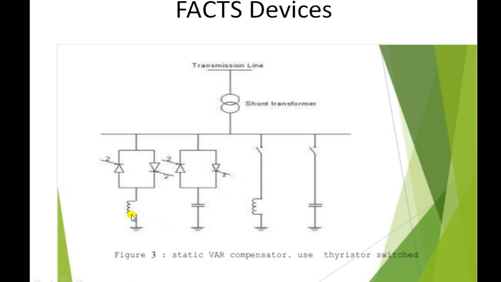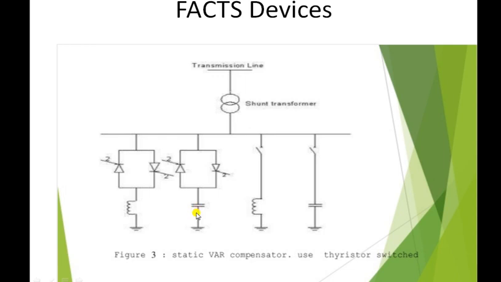Now here you can see two types of devices. The first one is an inductor and the second one is a capacitor. This inductor is controlled by these two thyristors, and this capacitor is also controlled by these two thyristors. The function of these thyristors is to control the phase angle, and the inductor and capacitor are known for injecting reactive power.